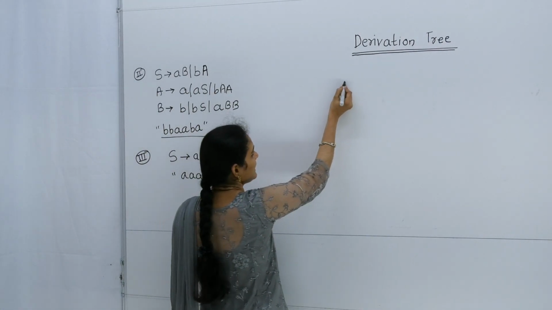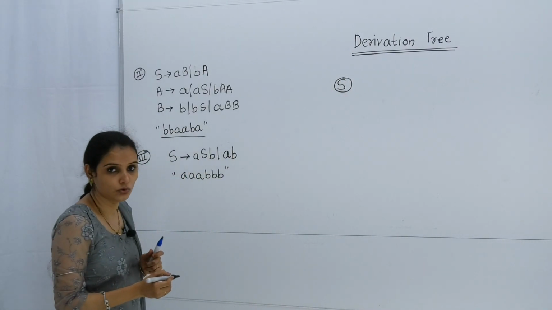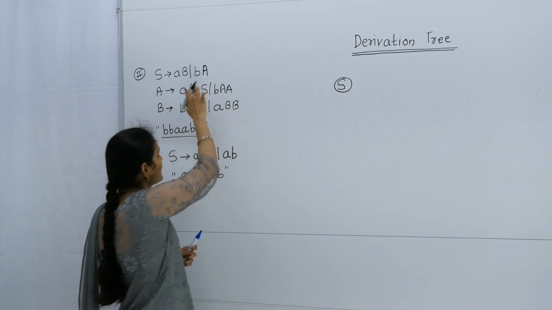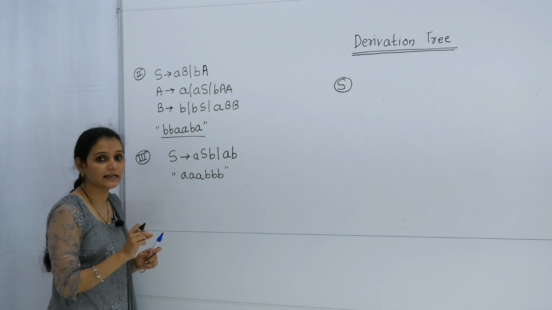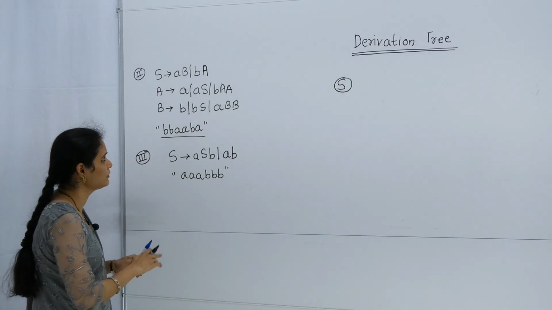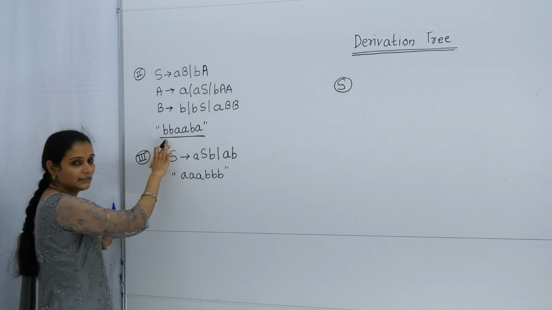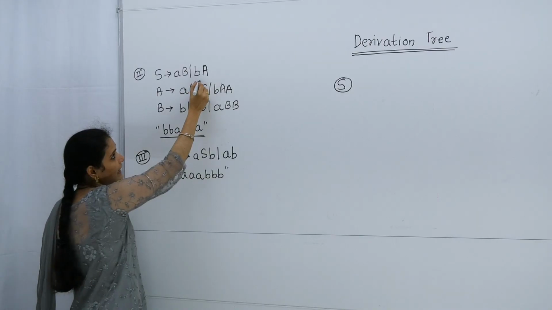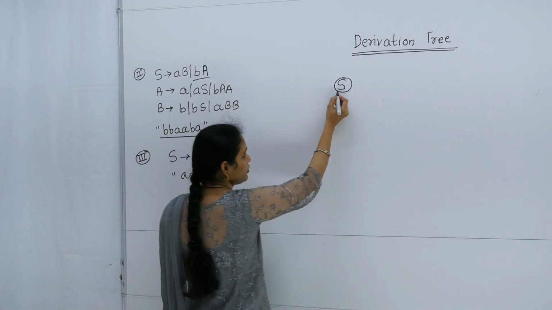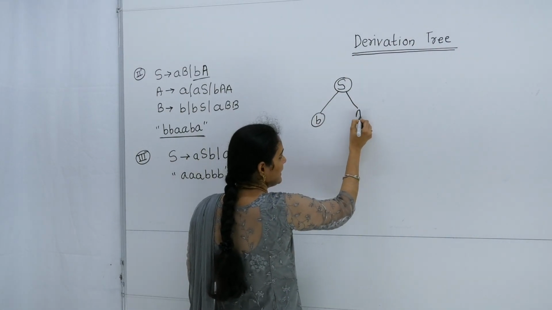So here S is the starting symbol, that is our root node, and S produces AB and S produces BA. These are the two production rules of our starting symbol. So here students, if we observe the string to be derived, it starts with B, therefore I can use that particular production rule for S. So S produces BA.